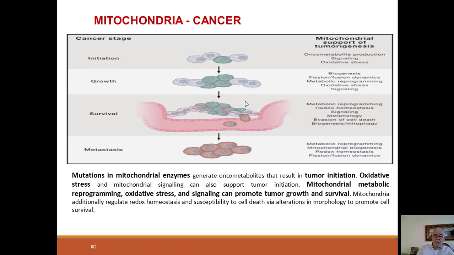Mitochondria additionally regulate redox homeostasis and susceptibility to cell death via alteration of morphology to promote cell survival. We know very well, although we have a lot of findings about the relationship between mitochondria and cancer, mitochondria can be responsible for initiation, growth, and metastasis of cancer processes.